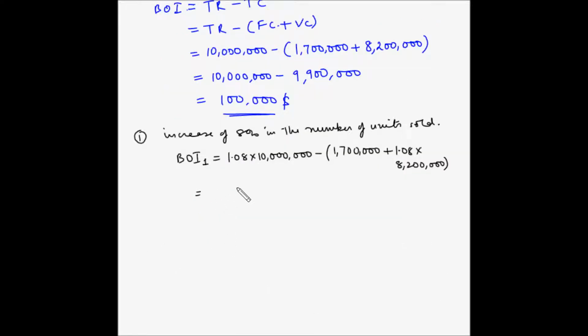So this is equal to 10,800,000 minus 1.7 million plus 8,856,000. So this is equal to, let's add these two numbers.